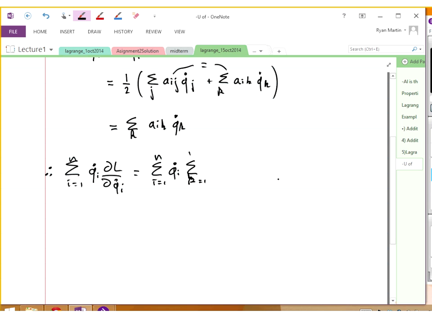And so we're just putting the two sums together. That's the sum over I to N, the sum over K to N of A_ik Qi dot Qk dot. And that's exactly the kinetic energy without the half term in it. So that's equal to 2T.